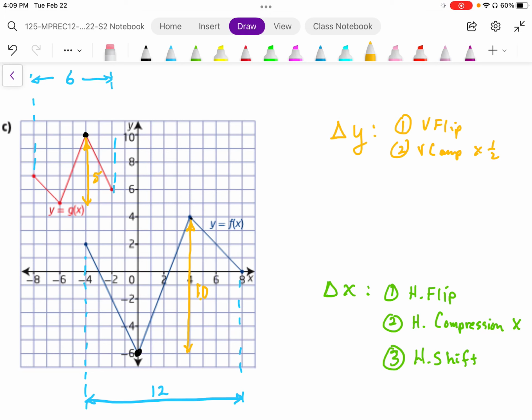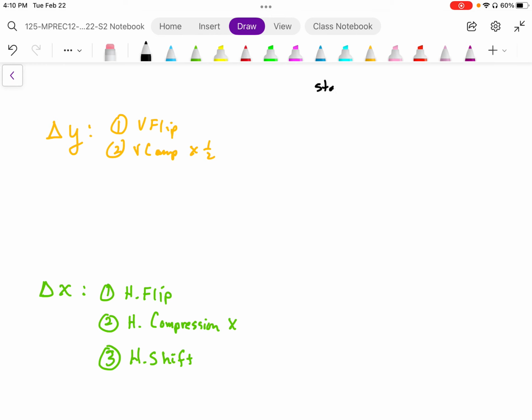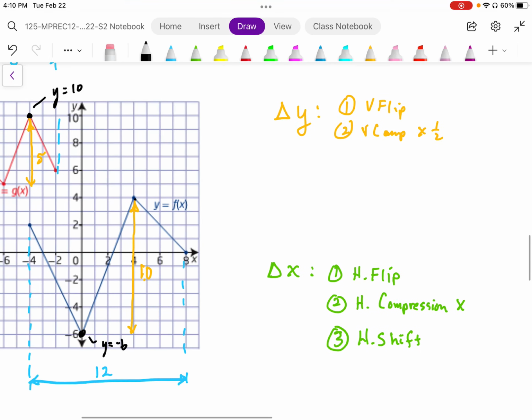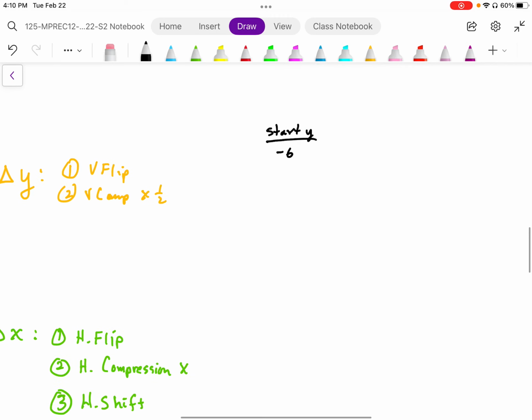Now that said, I've got to keep track of my coordinates to figure out my shift. So I'm going to take a reference point of y equals negative 6, and it's going to end up at y equals positive 10. So my starting y is negative 6. Let me double check that. Negative 6. And then the transformation on this was times by negative 1/2 onto the negative 6.